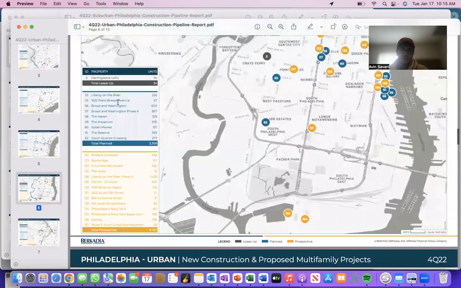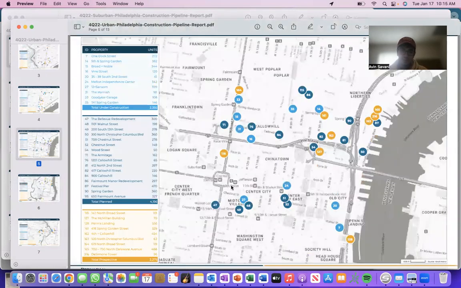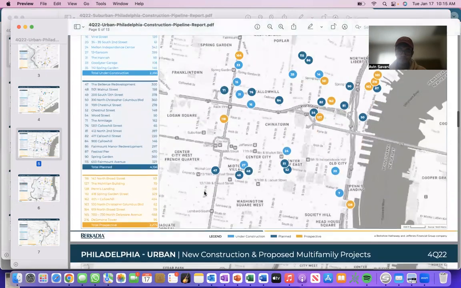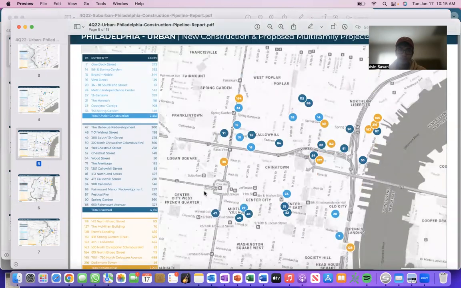And then I think I skipped a few. So you got some here in Chinatown, Center City. A lot more higher unit volumes in Center City with the different high rises and everything, so you're going to get more units. So yeah.